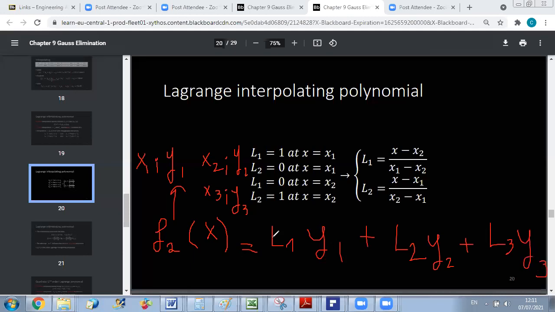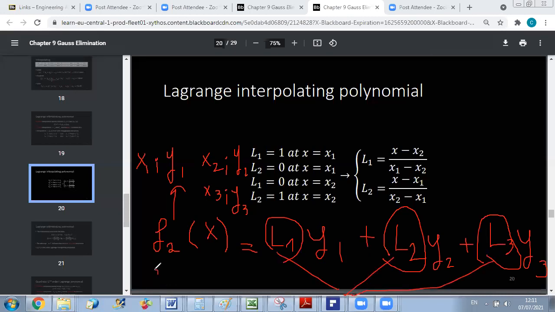As you can see, f2 is a summation of functions where L1, L2, L3 are the weights of y1, y2, y3. And when I am doing a quadratic interpolation, then L1, L2, L3 will be quadratic functions. And I will define them in a similar pattern.